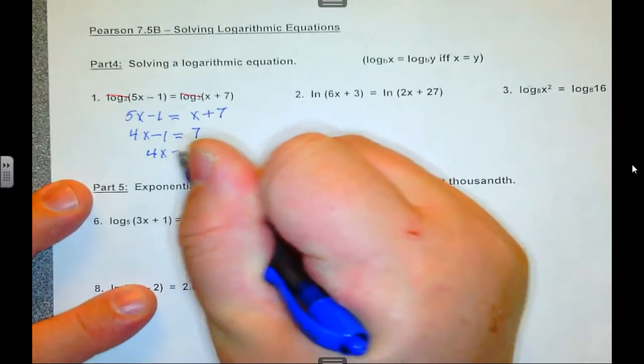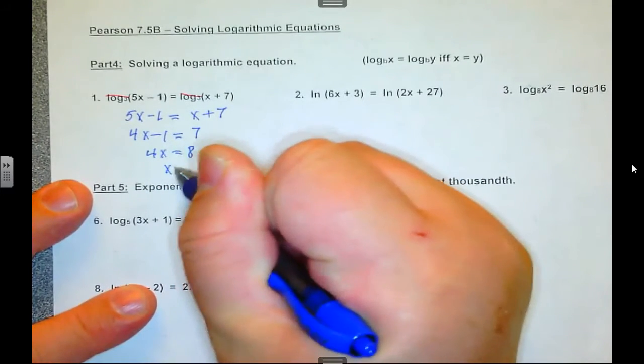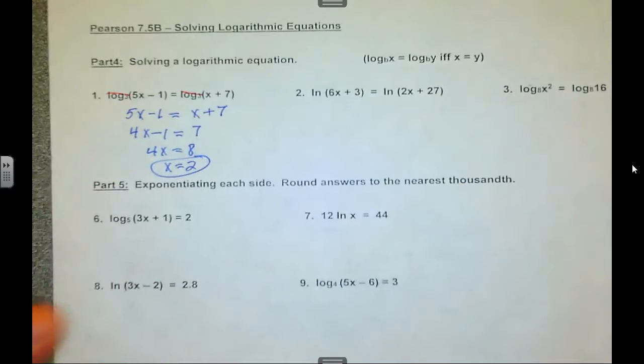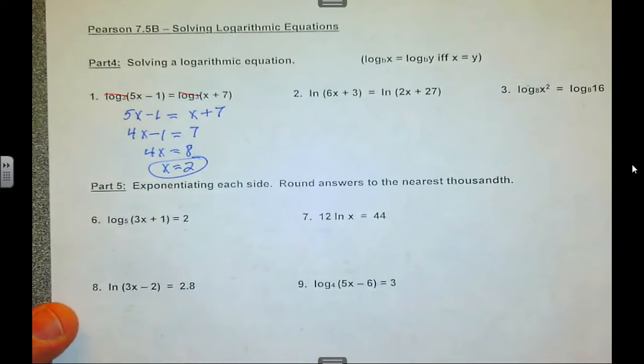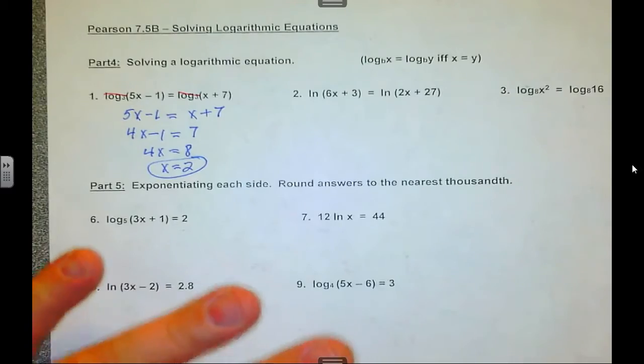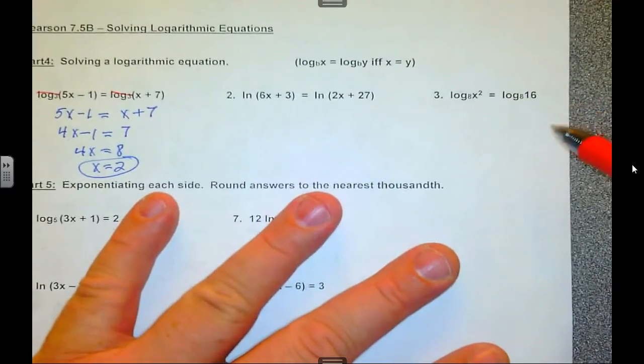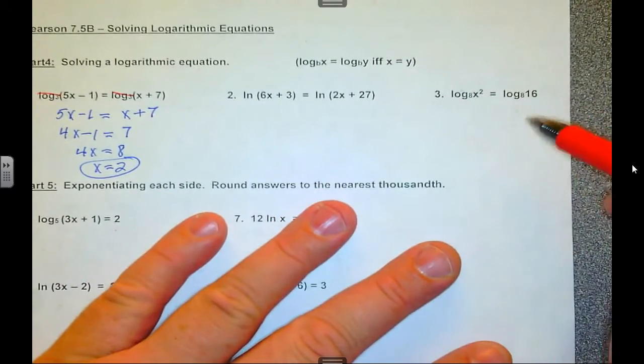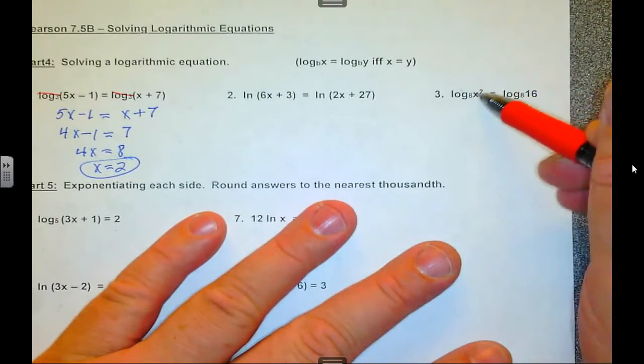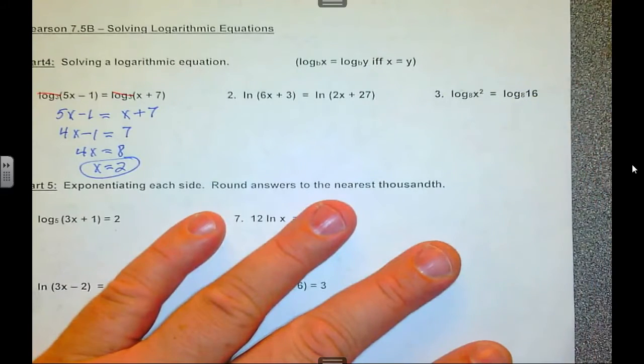Add 1 to both sides. So x equals 2. Pretty easy. Two is the same thing. Let's look at 3. I have log base 8 of x squared and log base 8 of 16.